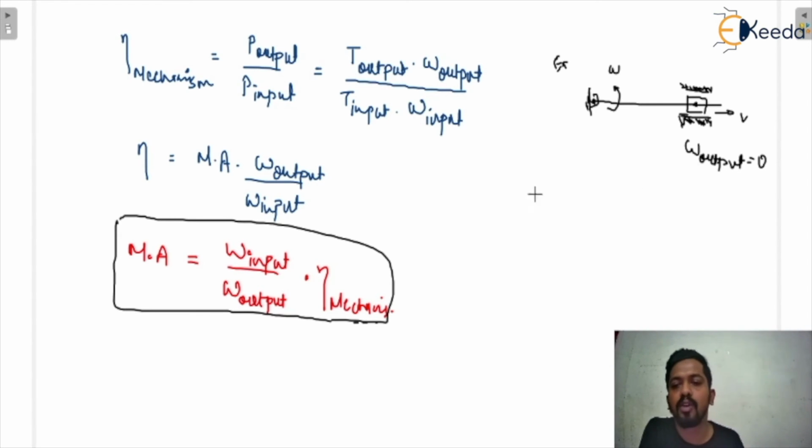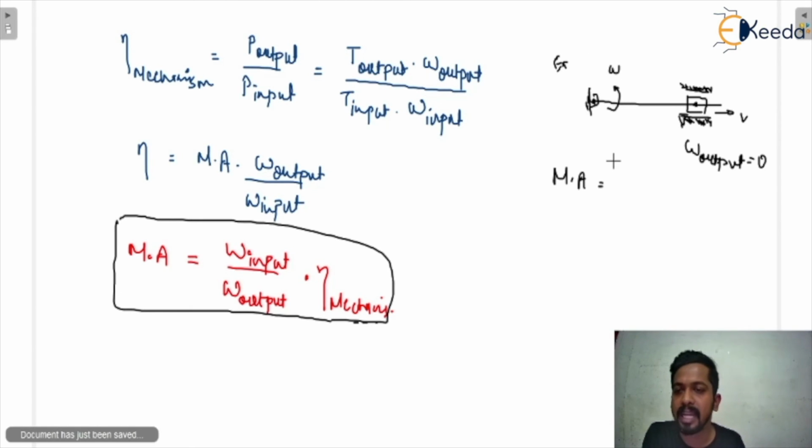Now we are going to calculate the mechanical advantage, so you have to apply the mechanical advantage formula in terms of omega, because here we have the output omega and we have omega at input. So I am writing omega input upon omega output.